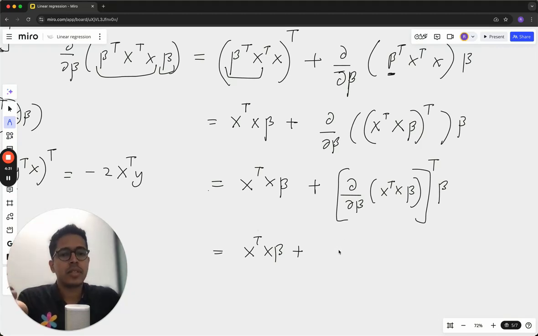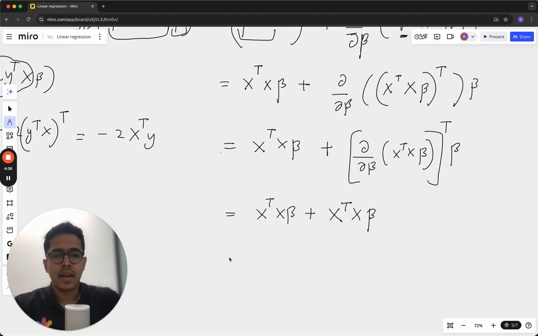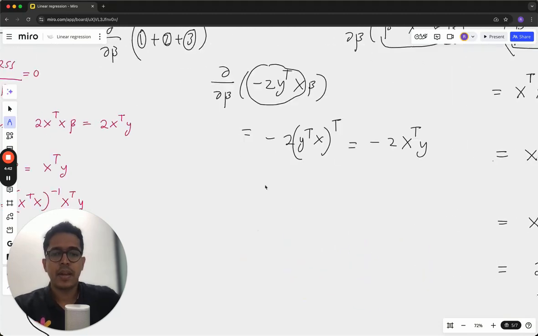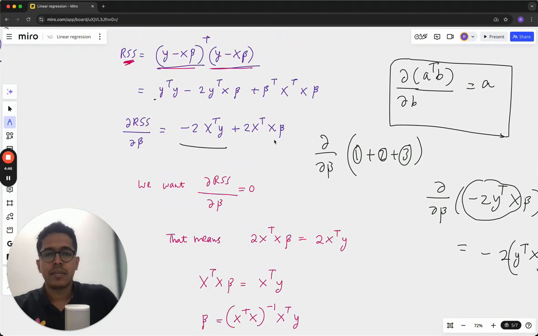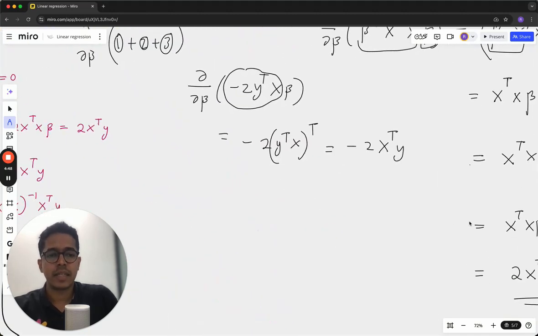Transpose of x transpose x is x transpose x itself. So this will become x transpose x beta, and this will be 2 times x transpose x beta. And that is what I have written here. Where is that? Here, 2 times x transpose x beta.